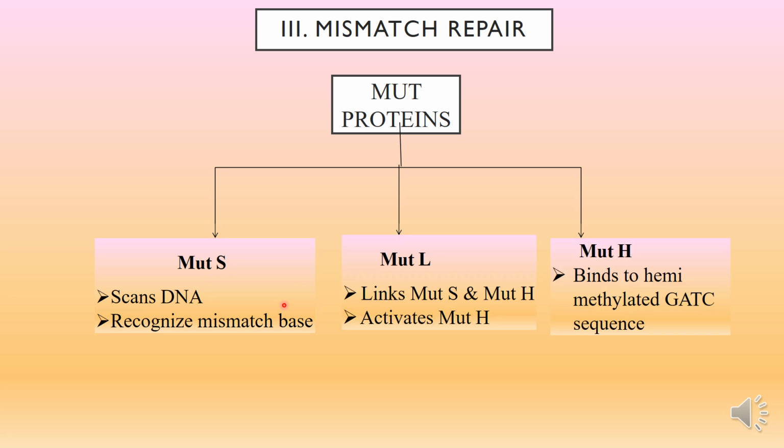Then MutL links with MutS and MutH and activates the MutH. So the MutH finally binds to the hemimethylated GATC sequence. So this is how these proteins play a role in mismatch repair in identifying the damaged part.